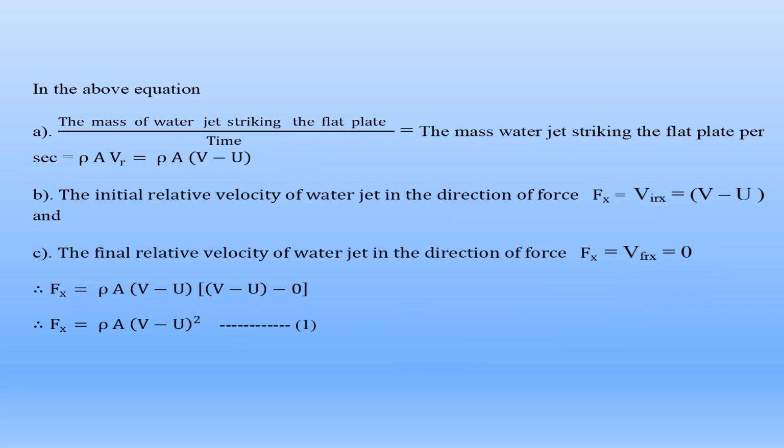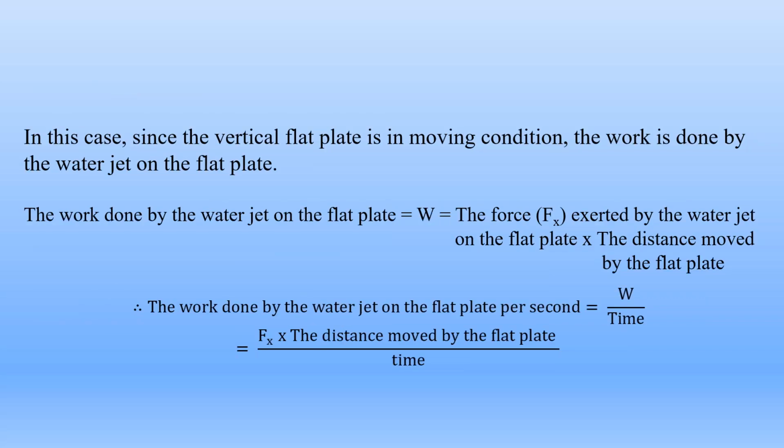Distance moved by the plate divided by time is the velocity U. U is the absolute velocity of the flat plate. So the distance moved by the flat plate divided by time is the absolute velocity of the flat plate.